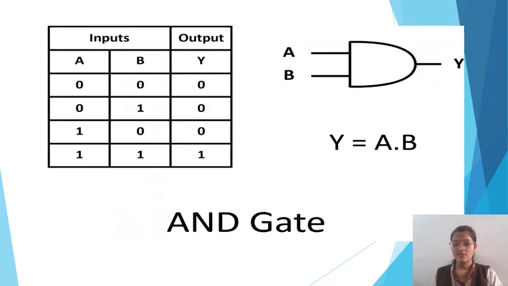As we know, the inputs A and B are taken in AND gate, therefore the output becomes y, where y equals A dot B. It means multiplication of two inputs.